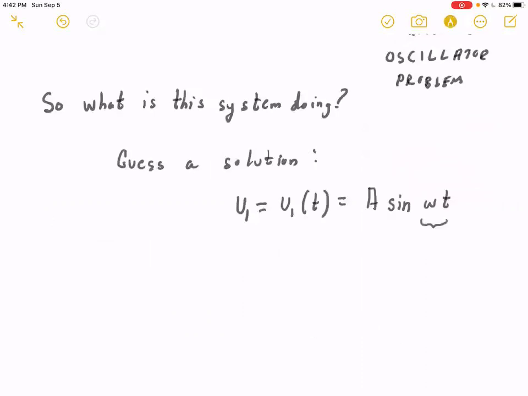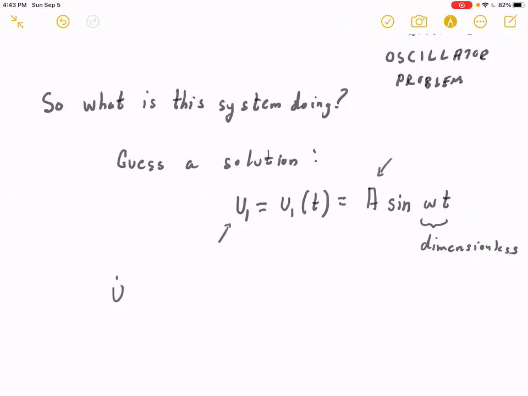So the product of omega and t, by dimensional analysis, has to be dimensionless. And A has the same units as u sub 1, so it's some length.